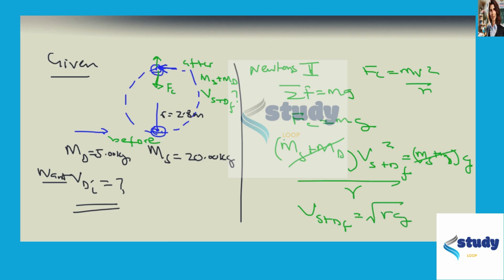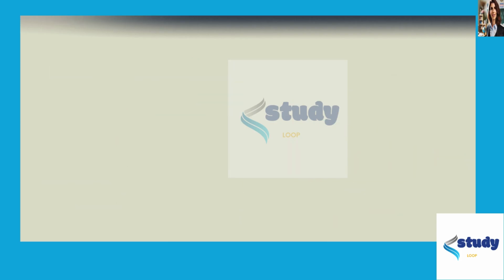And now we're going to use the law of conservation of energy to determine the combined velocity at the lowest point. So when they stick together, this system is like this.